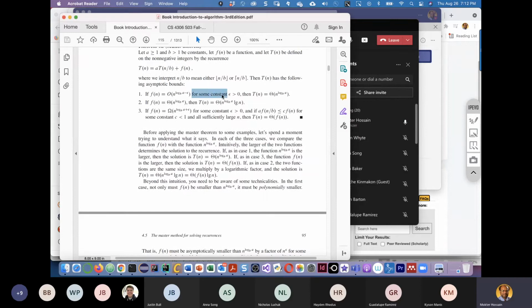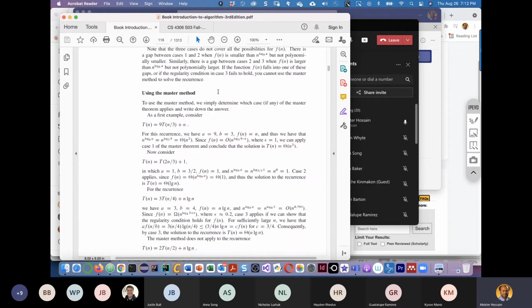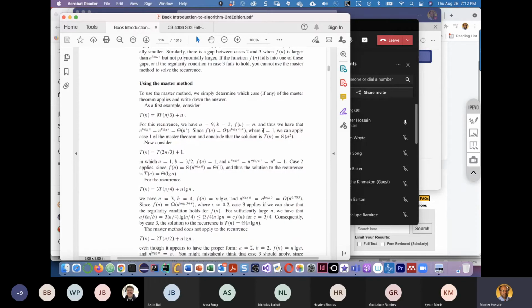It says for some constant epsilon, or we can say if we find any epsilon value. So if we consider epsilon equal to 1, then we can find that this will be equal to Fn, right?